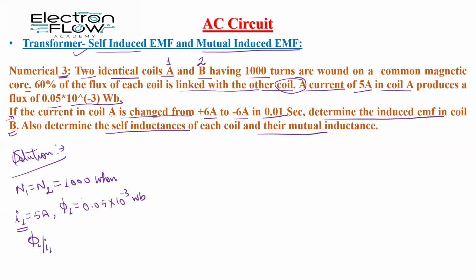If I calculate the ratio phi1 divided by I1, which is equal to 0.05 into 10 raised to power minus 3 divided by 5, then I will get 10 raised to power minus 5 Weber per ampere.